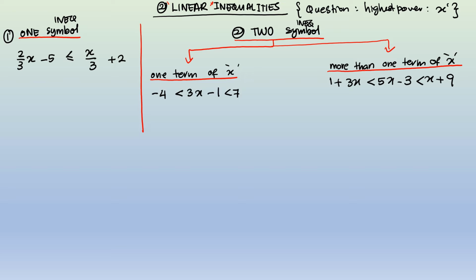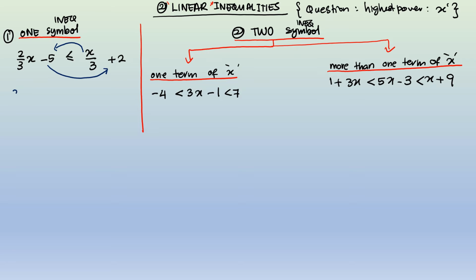All right, guys, for this equation we have 2x over 3 minus 5 less than or equal to x over 3 plus 2. So we only have one symbol here, and we can just do direct calculation by bringing x to the one side and numbers to the right hand side.